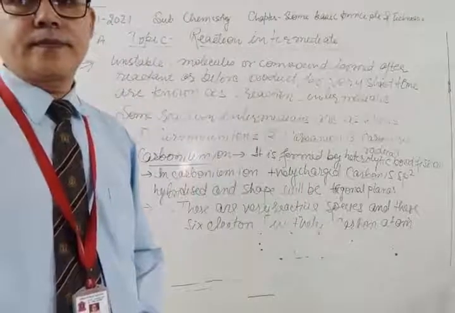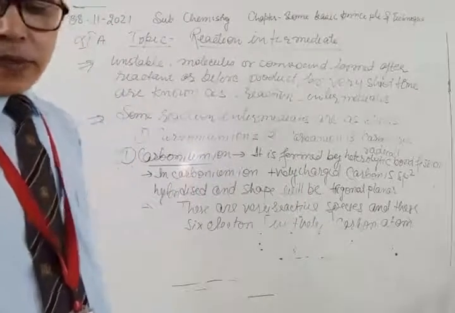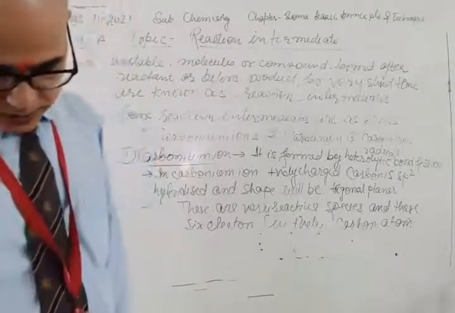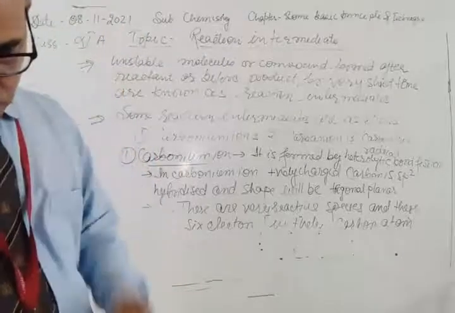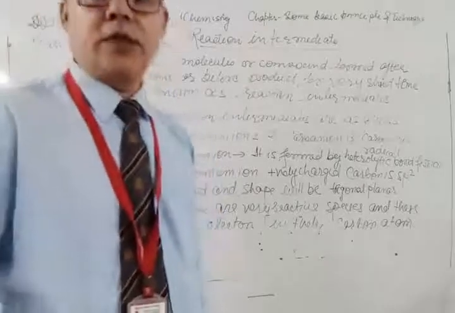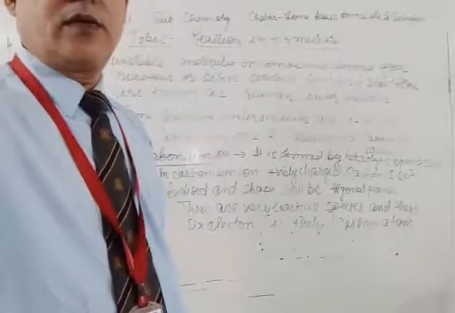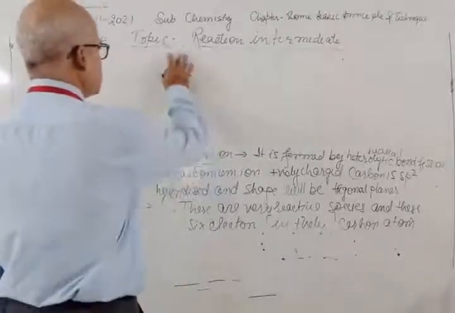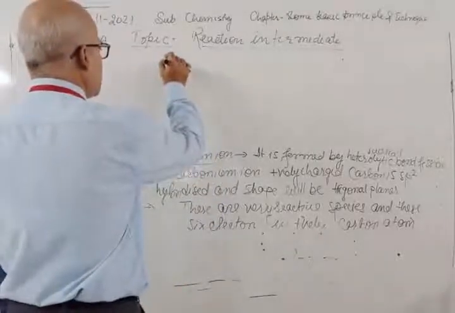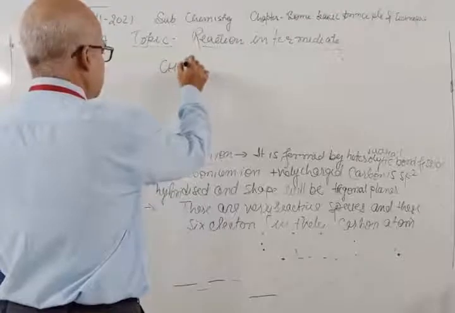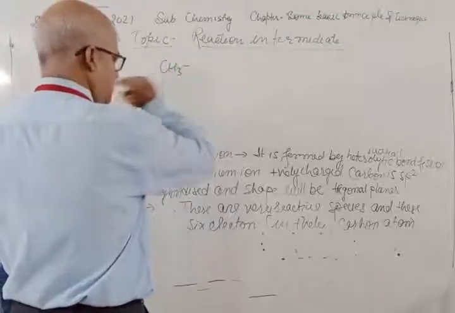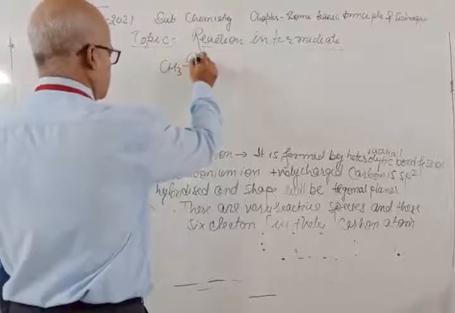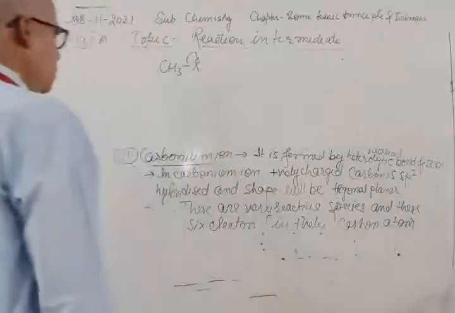Then carbonium ion is formed by heterolytic cleavage. First of all, I will tell you how the formation takes place. Suppose this is the alkyl halide and this halogen is more electronegative.